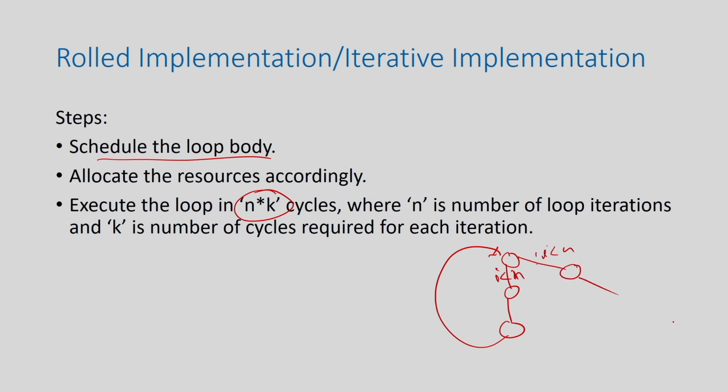This is how the controller FSM will be generated, and it will keep executing the loop for n into k cycles, and the rest of the things will wait until the loop completes its execution, because this is how I am going to execute the loop. This is the basic or default implementation of the loop.